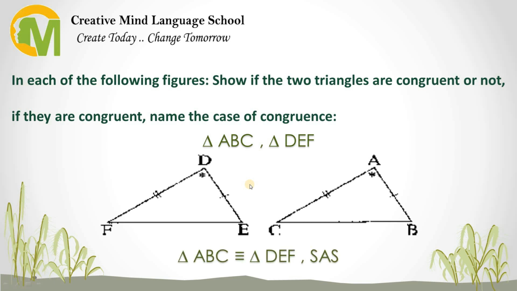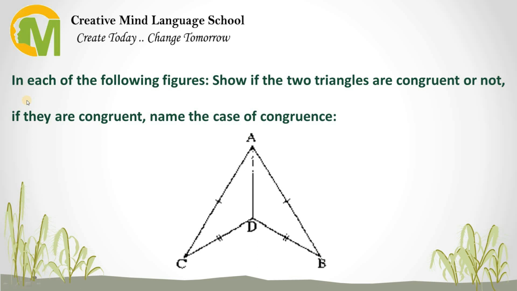This is the first case, SAS. So I can say that triangle ABC is congruent to triangle DEF, and the case is SAS, or side angle side. And by the way, this is the sign of congruency. It's similar to the equal sign, and we have another third dash.